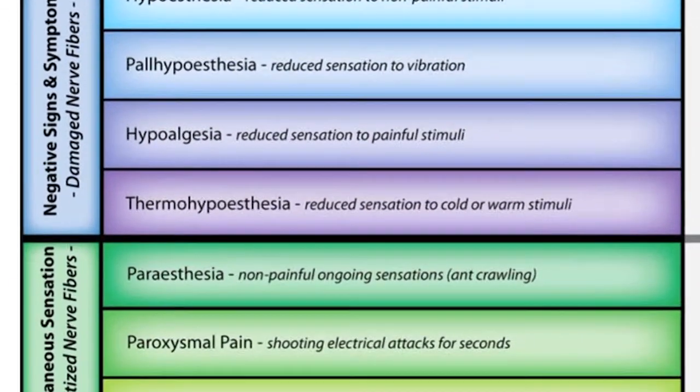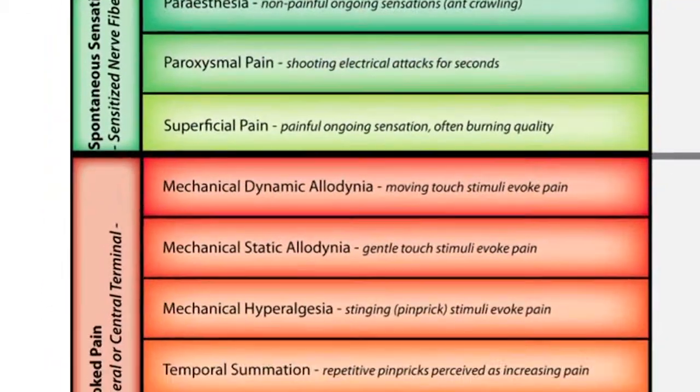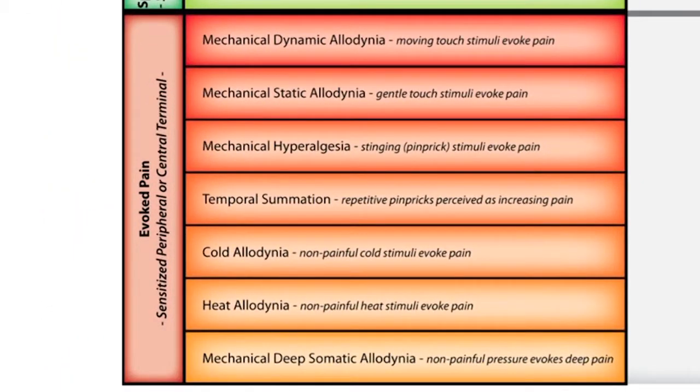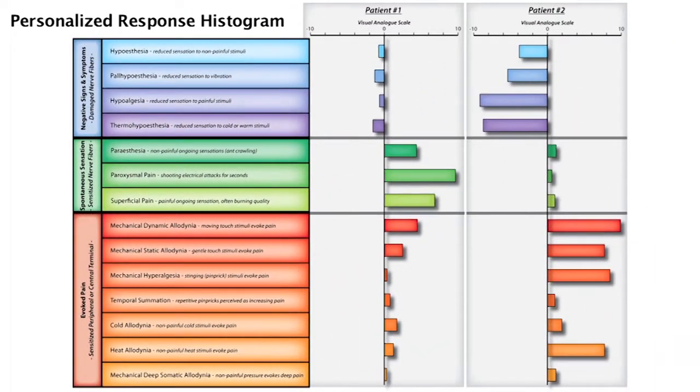And each one may be different, reflecting the combination of mechanisms, or in some cases a single mechanism may be present. And the early indications are that each personalized response histogram that can be generated may be an important clue as to exactly what is going on in our patient and what is the best form of treatment for that patient.